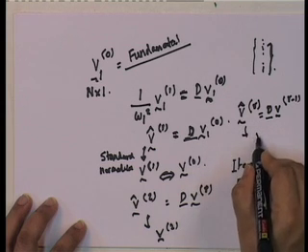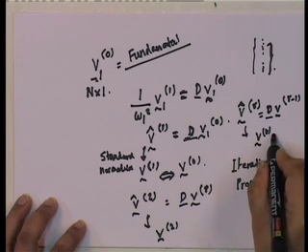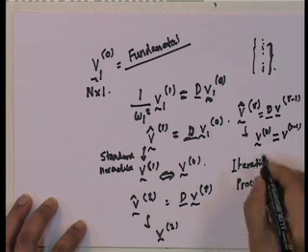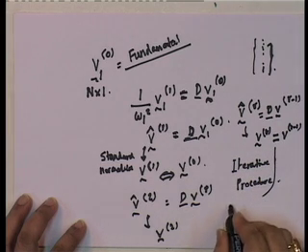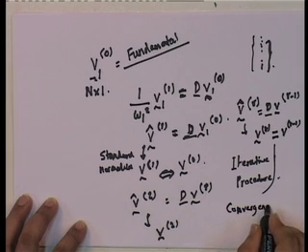And from that you find out V r. Now, let us say that V r is equal to V r minus 1. Convergence.